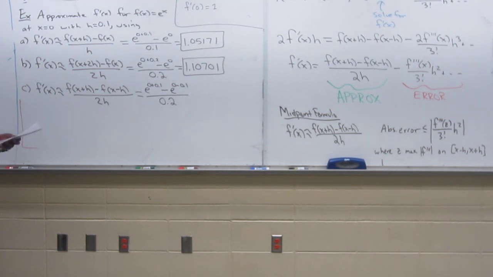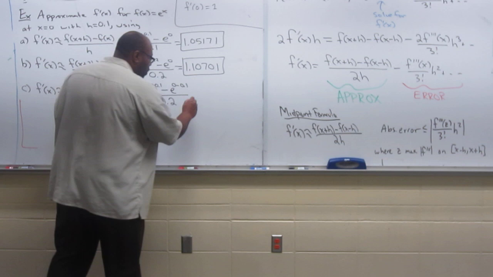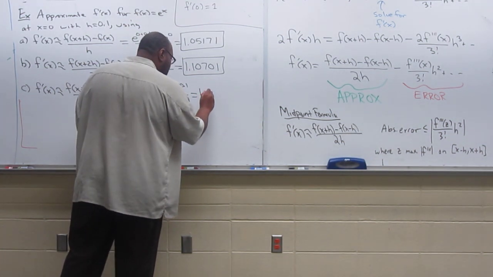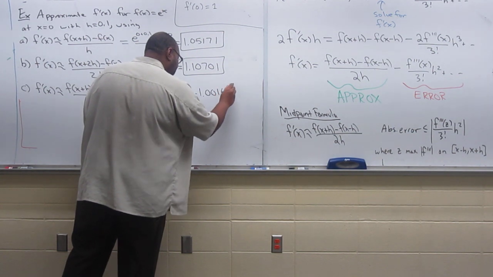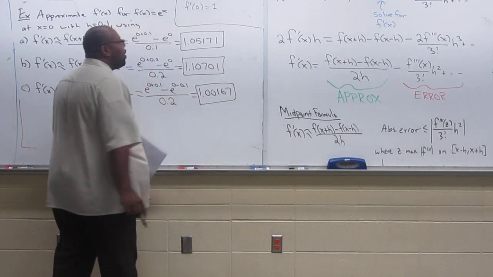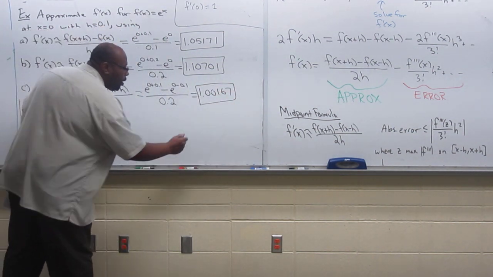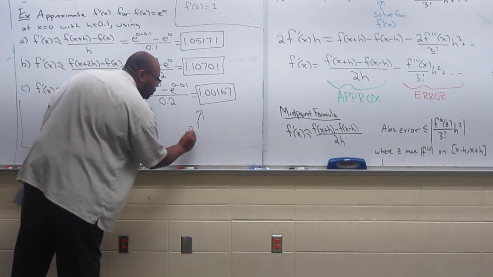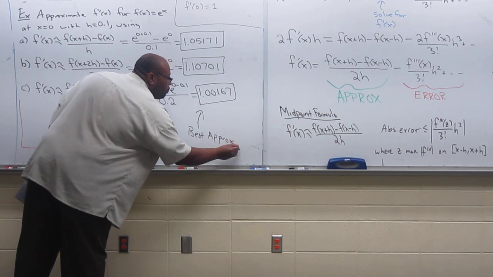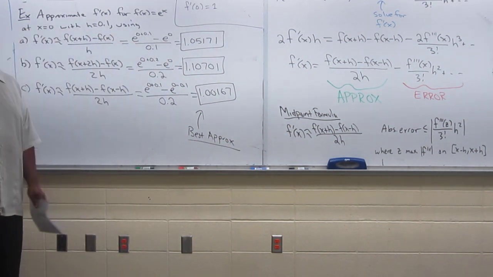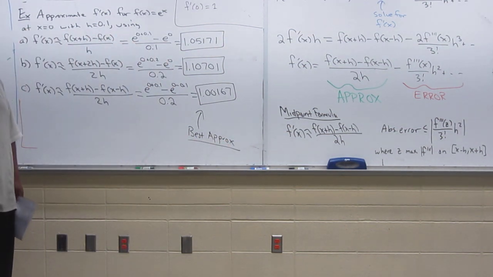And if you work this one out, you get approximately 1.00167. And this, of course, is our best approximation. Not too bad, not too shabby, right?